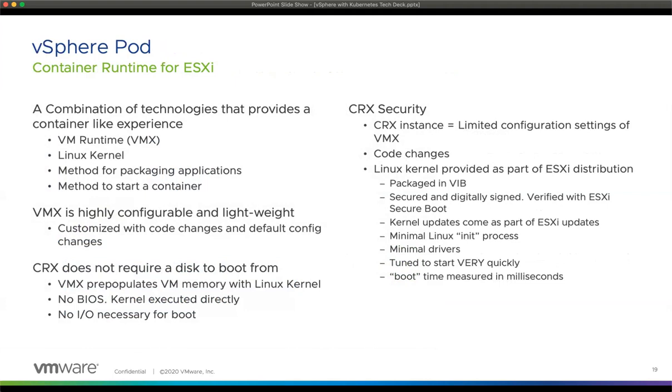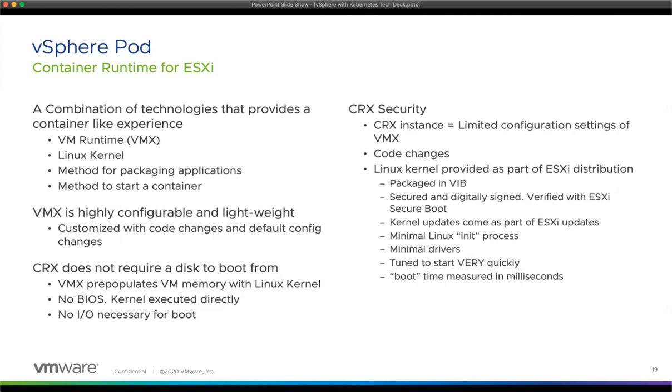A vSphere pod sometimes is referred to as CRX, which is Container Runtime for ESXi. It's a combination of technologies that provide a container-like experience. This is running containers on the ESXi. But how do we do that?